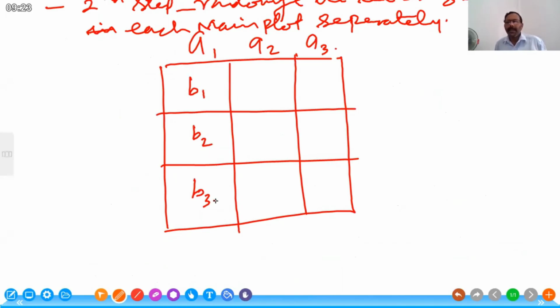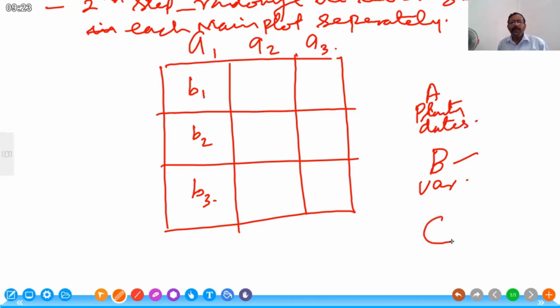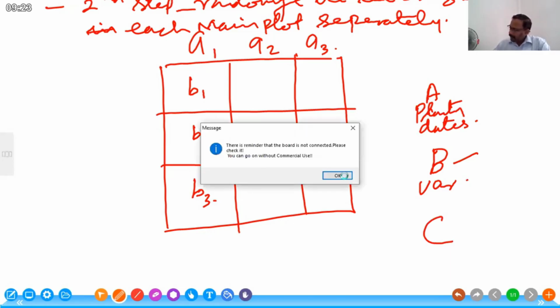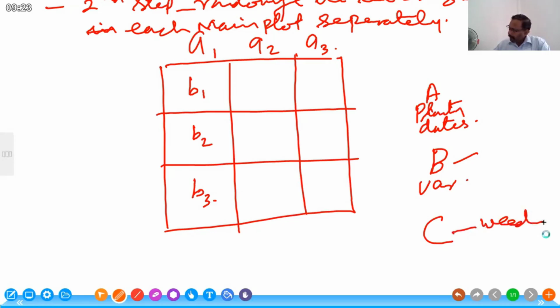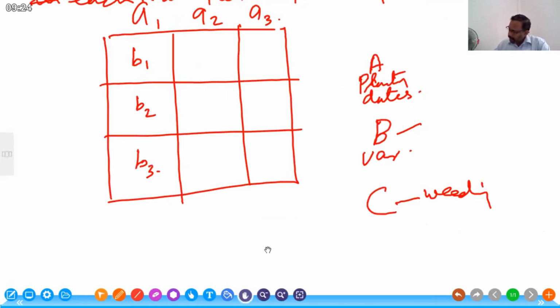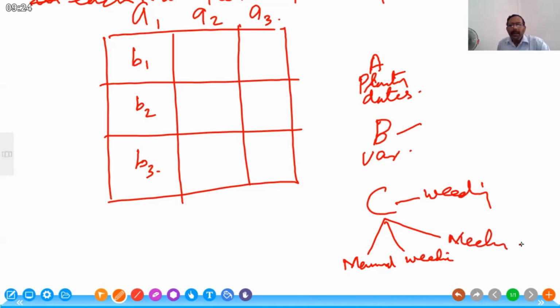Now, suddenly after 2 or 3 weeks of establishing, let's say B is variety and A is planting dates, I want to introduce a new factor C, that is weeding. In weeding, we could say it's 3 types: manual, chemical, and mechanical.